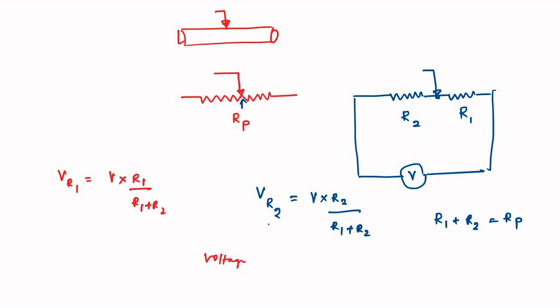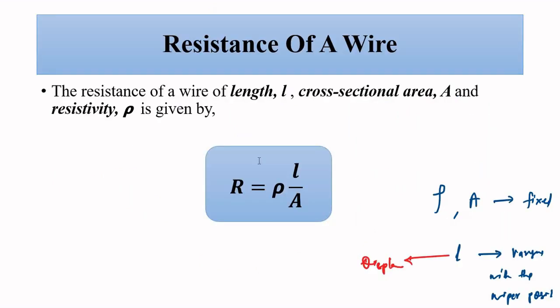So the position or displacement of the object is dependent on the resistance, and this resistance is dependent on the length, the position of the wiper, which changes the length of the total resistance.